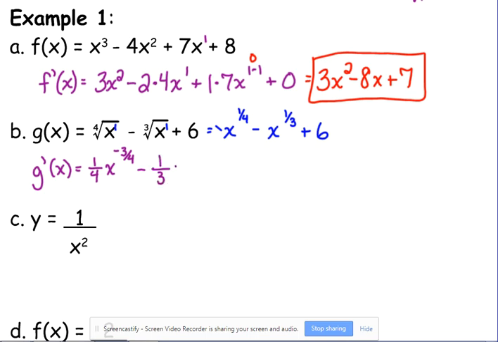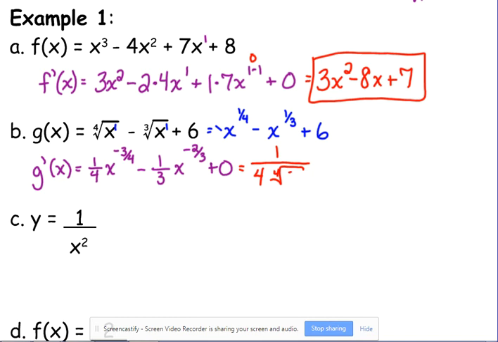Minus, we bring down the 1/3, we subtract 1 from the 1/3, the derivative of a constant, the derivative of 6 is 0. Now, since it originated in radical form, we need to put our answer back that way. So negative exponents, a little review here, negative exponents go in the denominator.